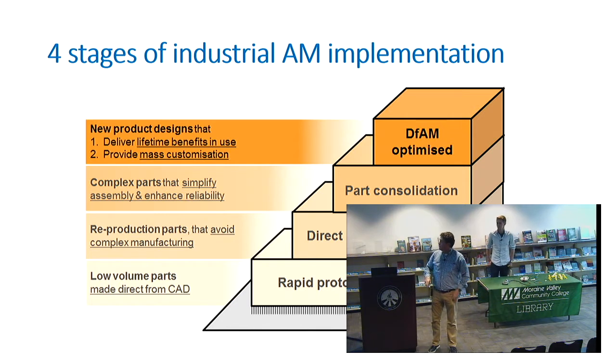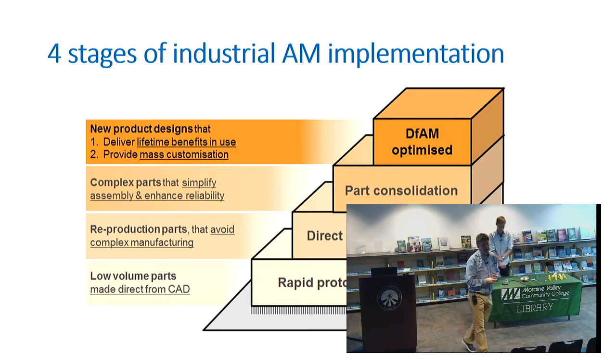The third stage is complex parts that simplify assembly and enhance reliability. What we're talking about is printing parts that are fully assembled to start with. And then finally, the fourth stage of additive manufacturing application is where we're redesigning everything.